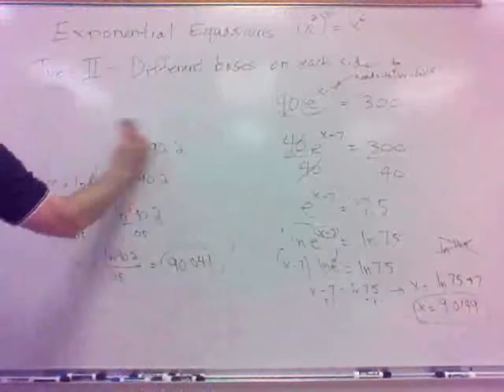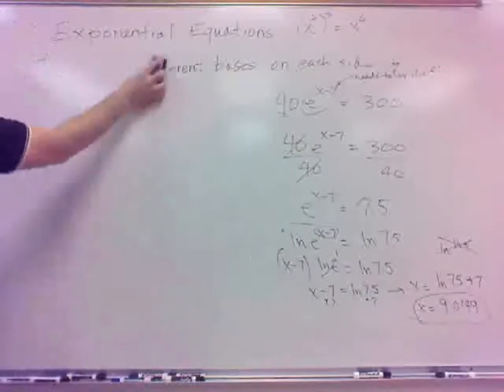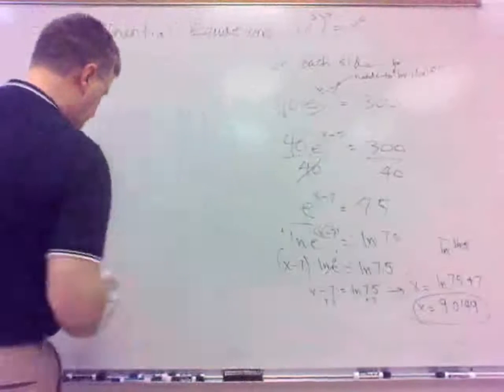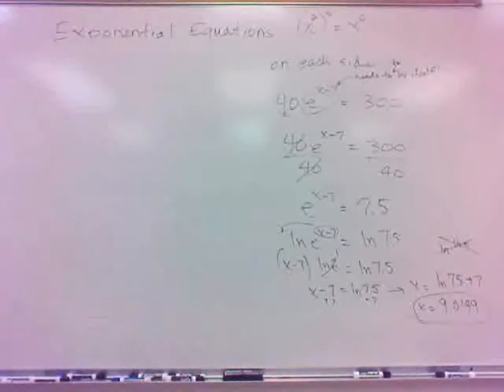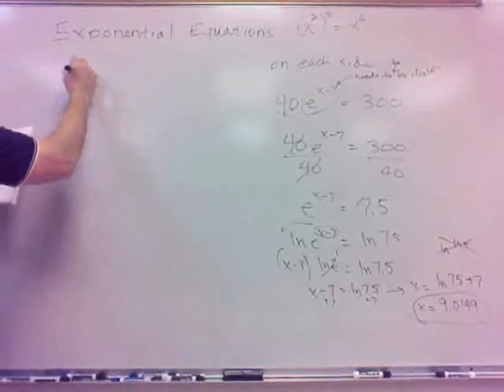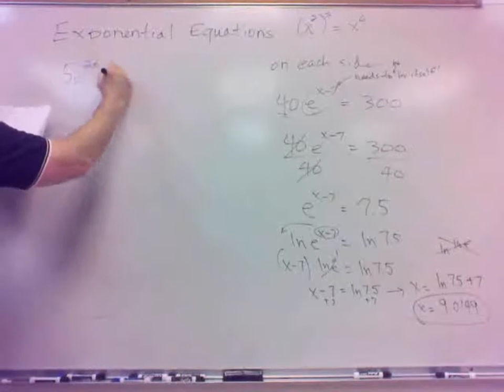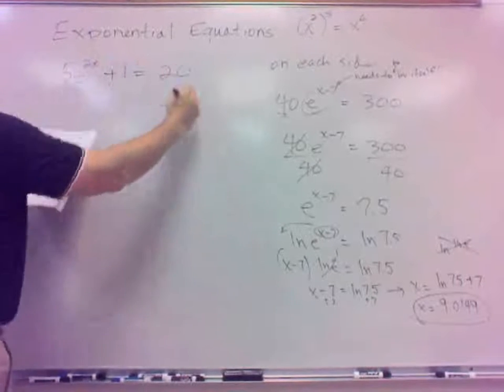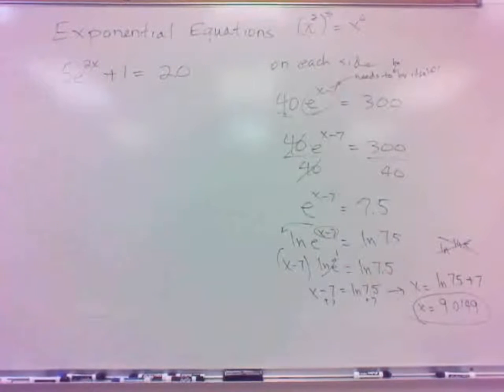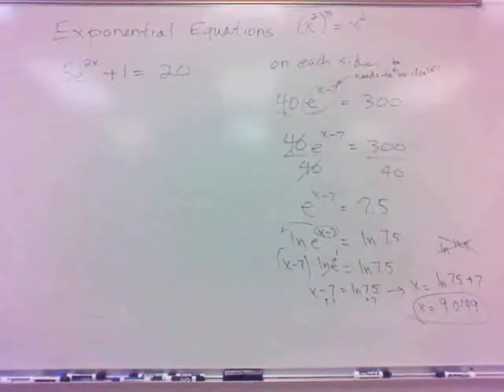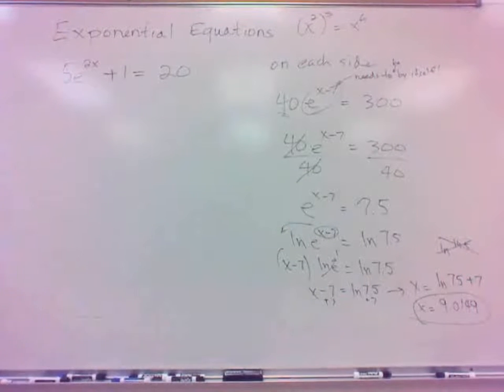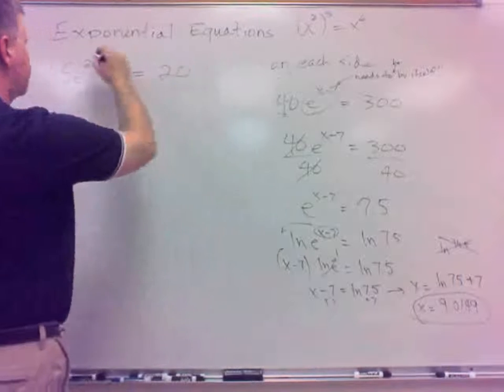One more. And I'm done. All right, what about 5e to the 2x plus 1 equals 20? Same deal as we had just now. I need to get the exponential by itself.